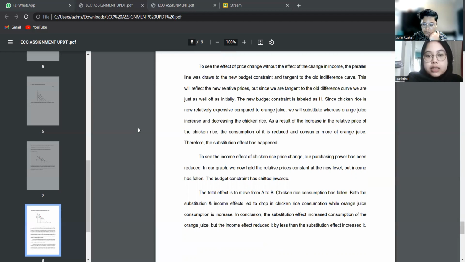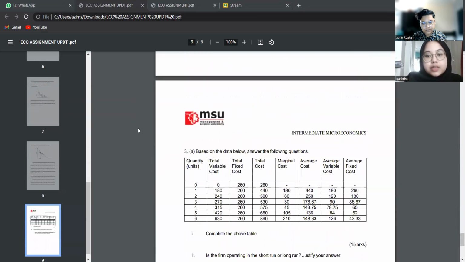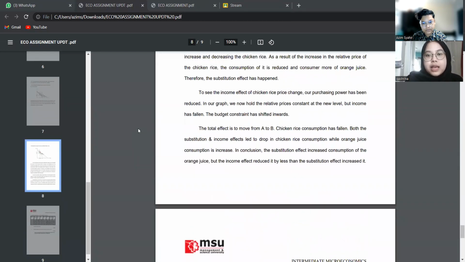Both the substitution and income effects led to a drop in chicken rice consumption, while orange consumption is increased. In conclusion, the substitution effect has increased consumption of the oranges, but the income effect reduced it by less than the substitution effect increased it.